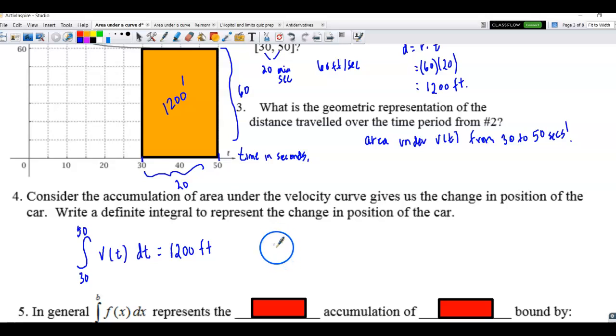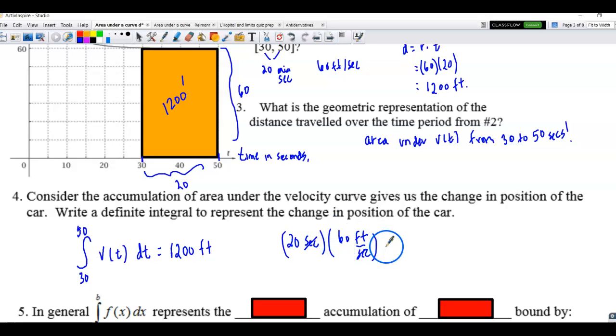Now think about that. What we did geometrically, we're going to learn how to do with calculus. We had the 20-second time period multiplied by the 60 feet per second. I want you to see the units right there. The units are going to divide out when we find the antiderivative.